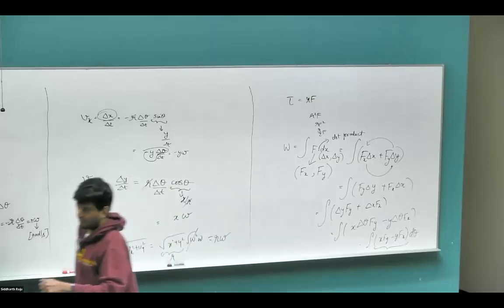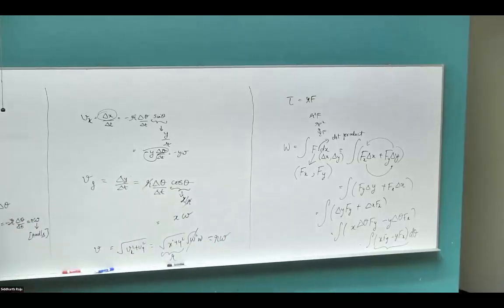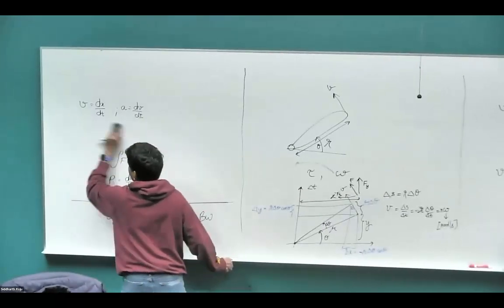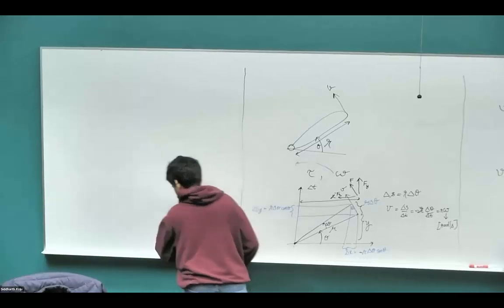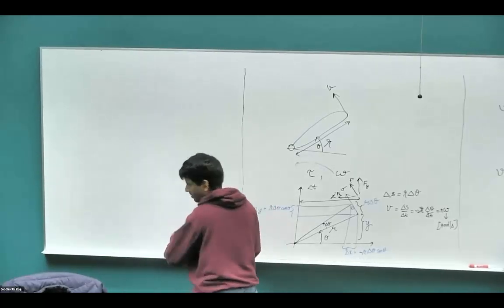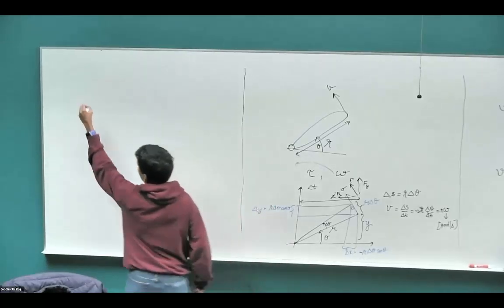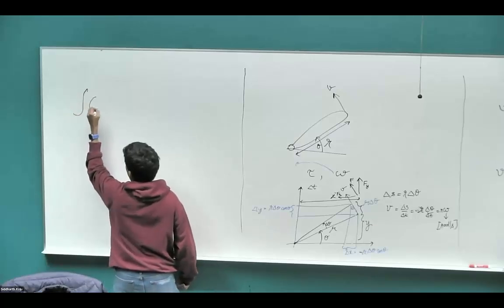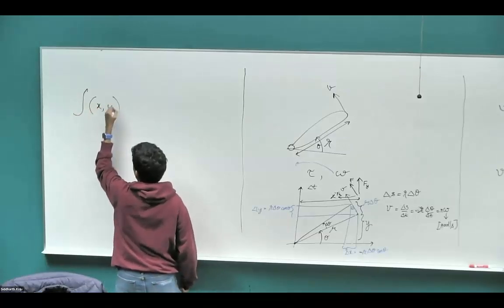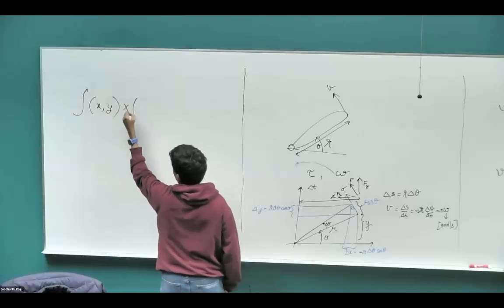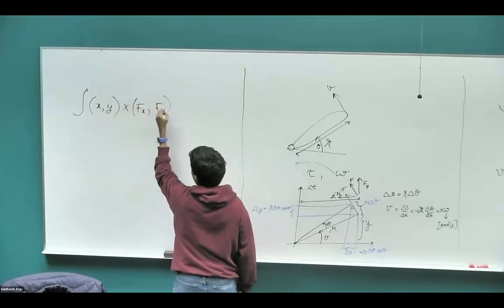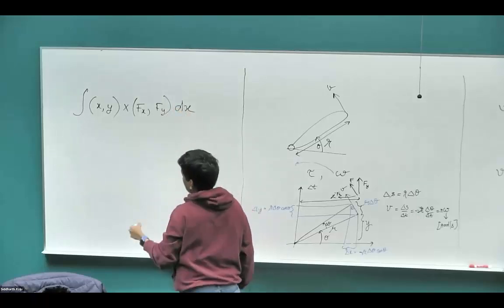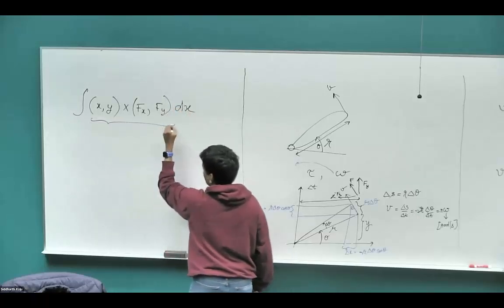So when you have a two-dimensional vector, in the bracket we have a vector with coordinates x comma y, and we take a cross product with the force vector Fx comma Fy. That's the definition of cross product.